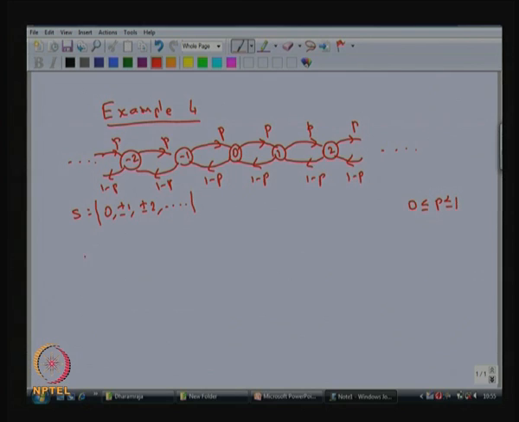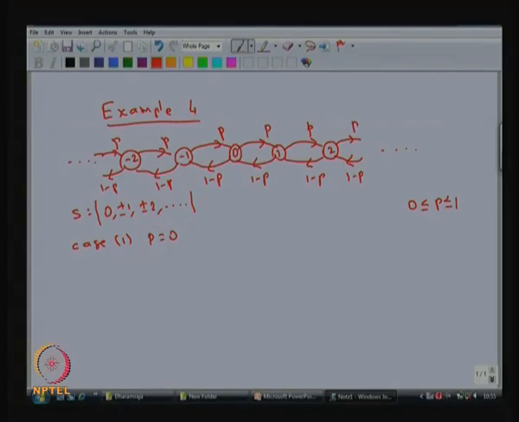Now, let me go for case 1 in which p is going to be 0. Suppose p takes the value 0, what happens, or how do we classify the states when p is equal to 0 in this time homogeneous discrete time Markov chain? When p is equal to 0, there is no forward arc. It implies the system always goes to the state one step less with the probability 1, because p is equal to 0.